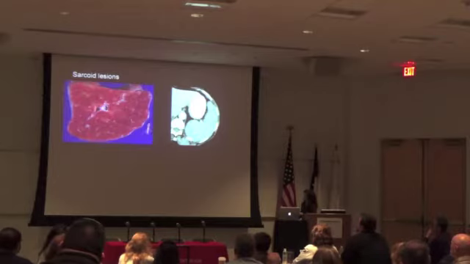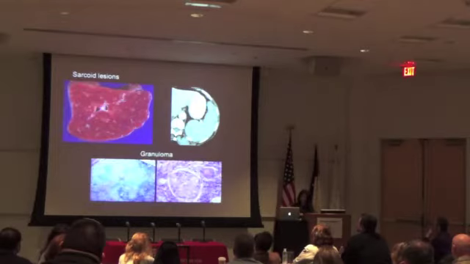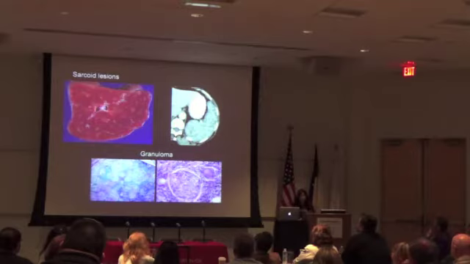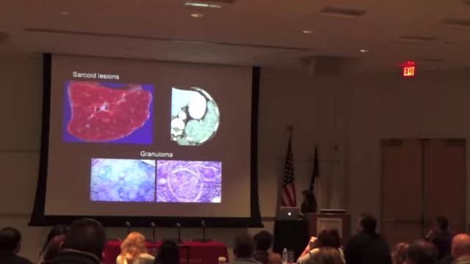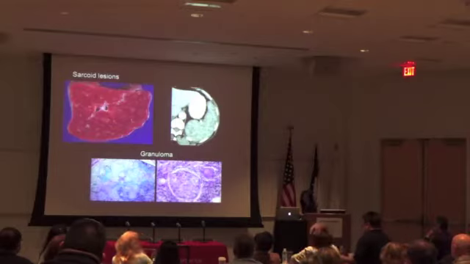And these lumps, you can see them on gross specimen, and you can see them under imaging, such as CT scan. And then under microscope, you find that each of these lumps is made up of a bunch of smaller lumps. And each of these smaller lumps is what's called a granuloma.